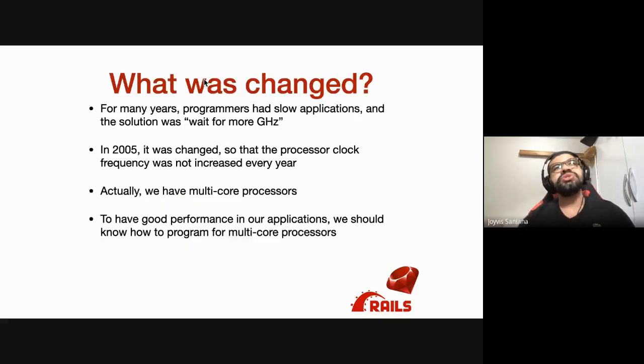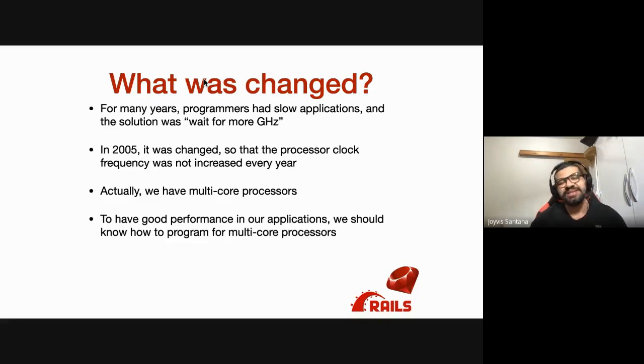Okay, so what was changed? For many years, programmers had slow applications, and the solution for that was to wait for more gigahertz. Probably no one here lived in that time because it happened, I don't know, 25 or 30 years ago, and I probably found this information in a book.